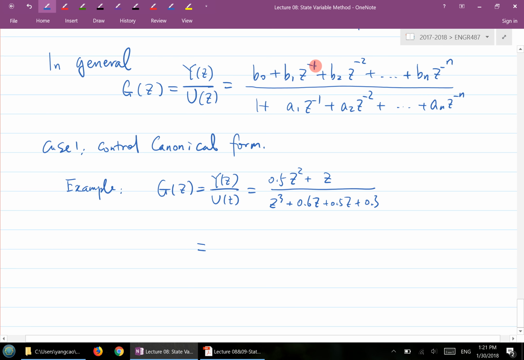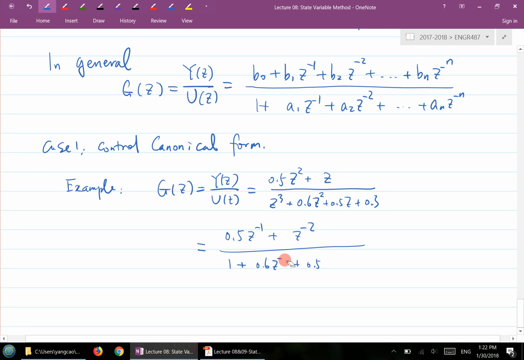So basically you divide both the numerator and denominator by z to the power of 3. Your numerator becomes 0.5, negative 1, and then z to the power negative 2. And now the bottom here is 1 plus, sorry, this is a square here.